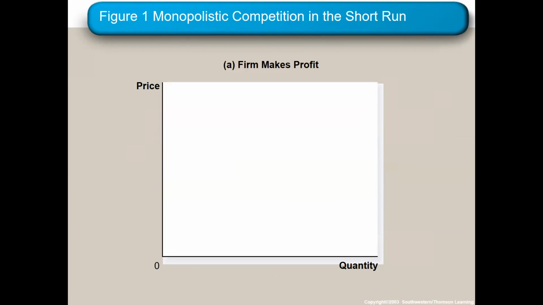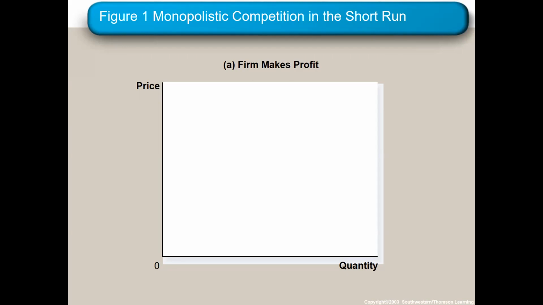Then about monopolistic competition. Here are the things similar to perfect competition: many firms, easy to enter and exit, zero economic profit.